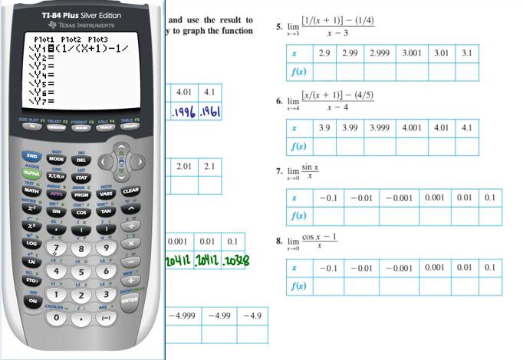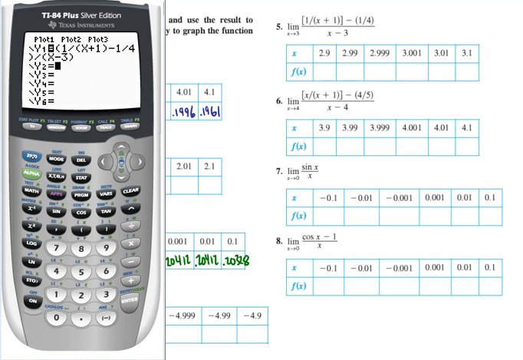Now even though that's in parentheses in the problem, technically for the order of operations we don't need those parentheses there. But we do need to put the whole numerator 1 over x plus 1 minus 1 over 4 in parentheses, and then that will be divided by parentheses again x minus 3, close parentheses, and we're all set.